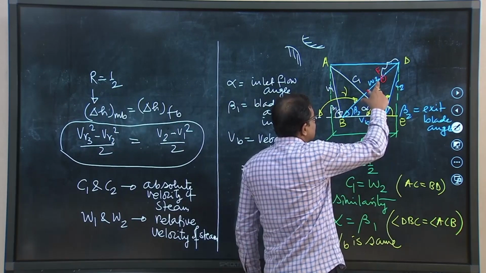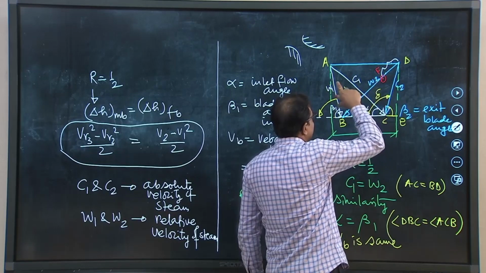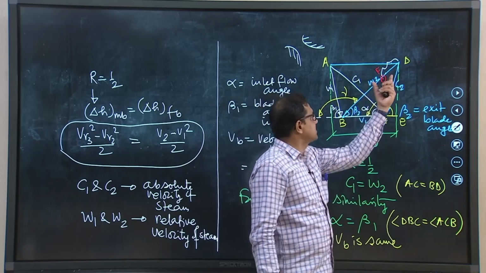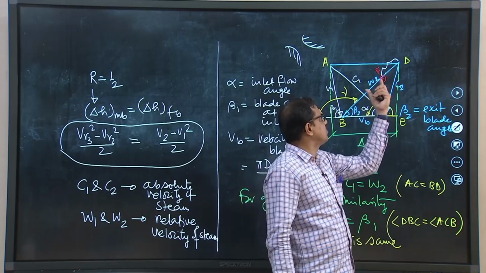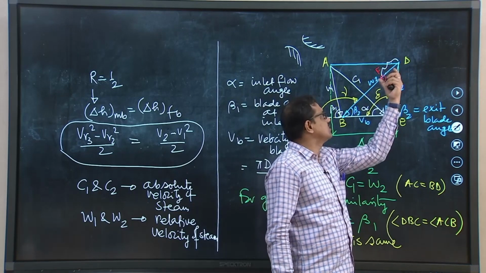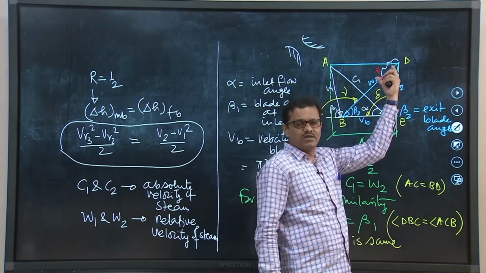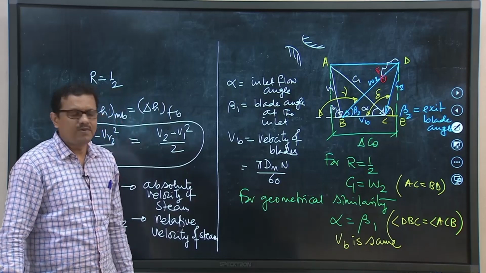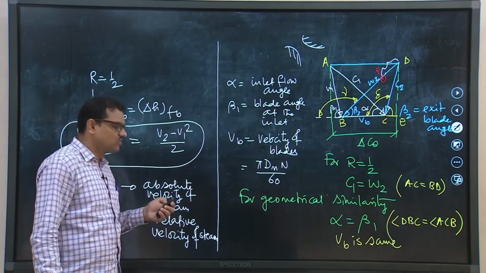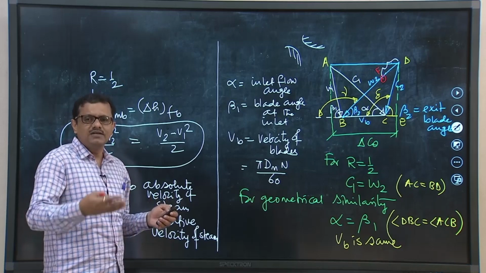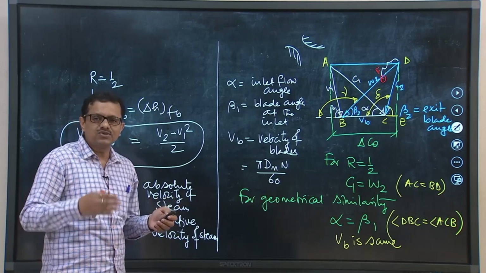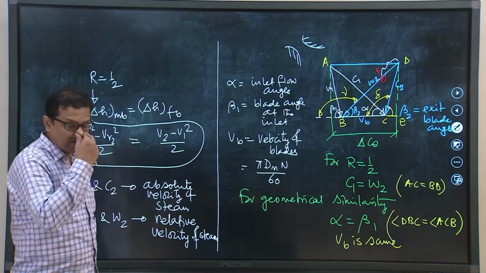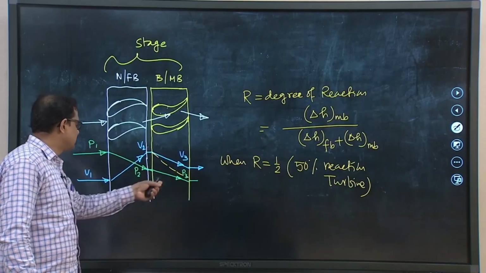So, for the impulse turbine, W2 is always less than W1, and we can see for this particular case that W2 is extended up to point D. So, this increase in relative velocity of steam when it is passing through the first row of moving blades is due to the increase in steam velocity, and that is solely due to pressure drop, and that is what we had discussed here.